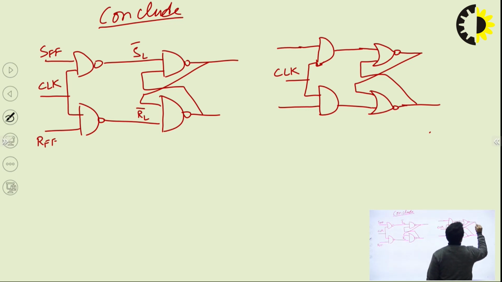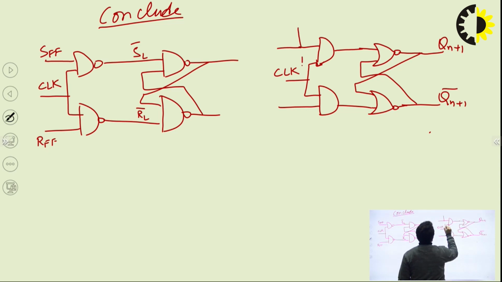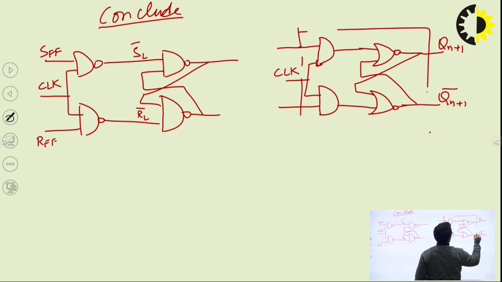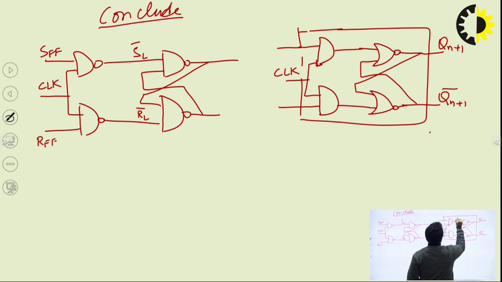So this is my Qn plus 1, Qn plus 1 complement, and this is my flip-flop circuitry. This is my RL, this is my SL, and this is my RFF, and this is my SFF.